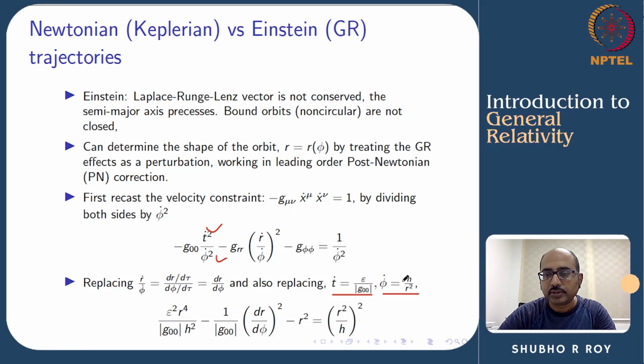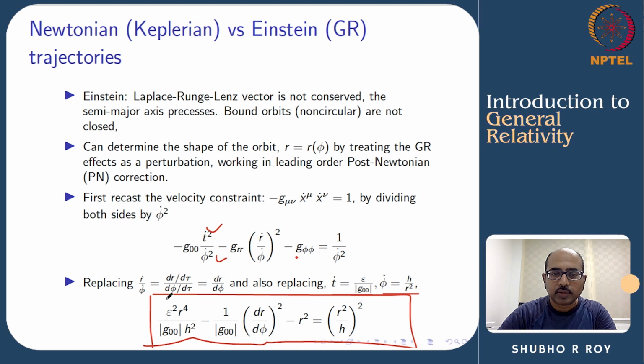Let's make all these substitutions, and we get the equation at the bottom of the slide. This is the same equation, except I have taken this ratio as dr d phi, and t dot squared and phi dot squared we have substituted in terms of the conserved charges.